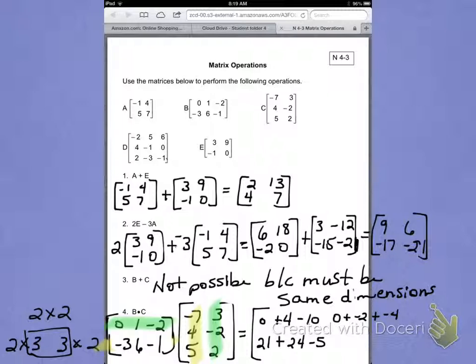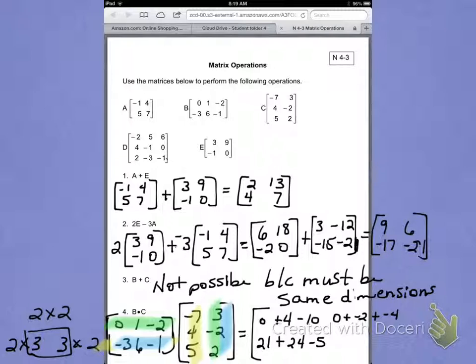I want to see it. Okay, bottom row, so I'm going to highlight a different color. I'll do this one in blue. We want this blue row now times that column.